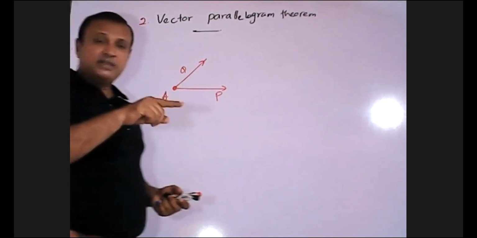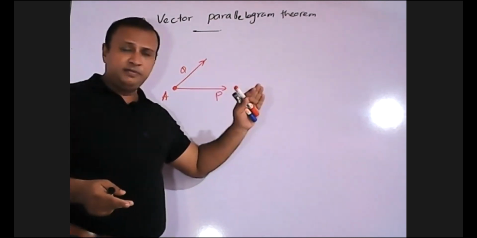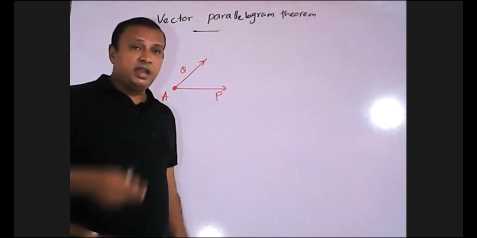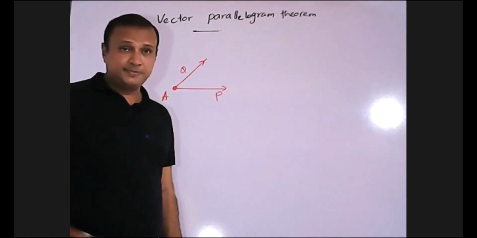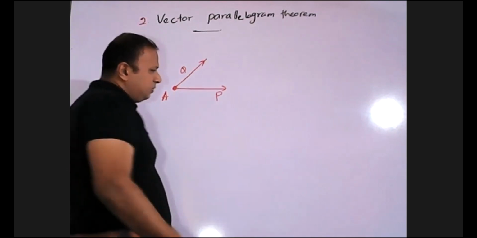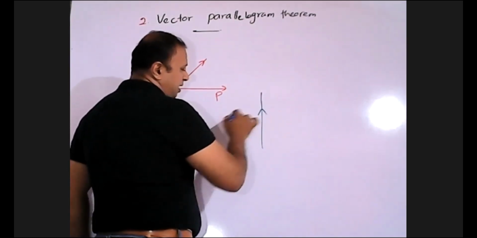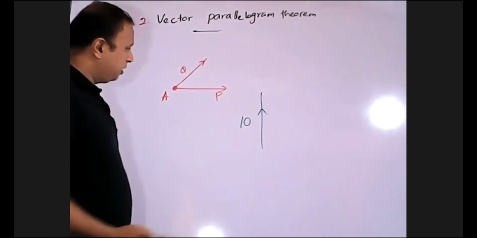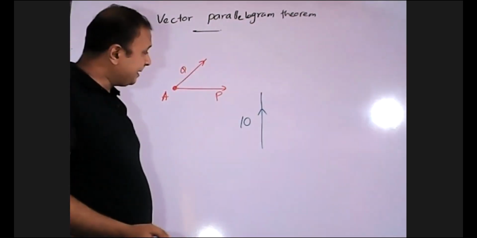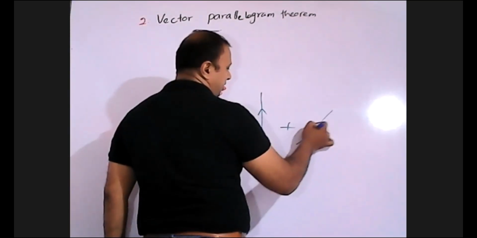In our previous class, after completing the principle of vector addition, I gave some examples. In some examples you were given a force in the upper direction, and there is another force in this way.